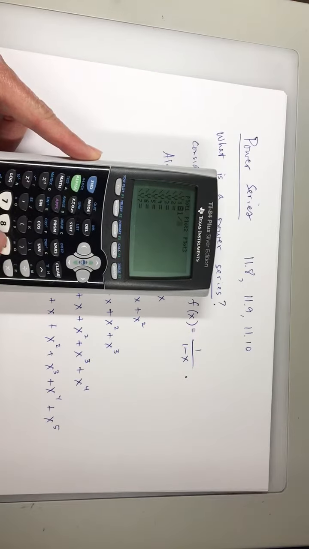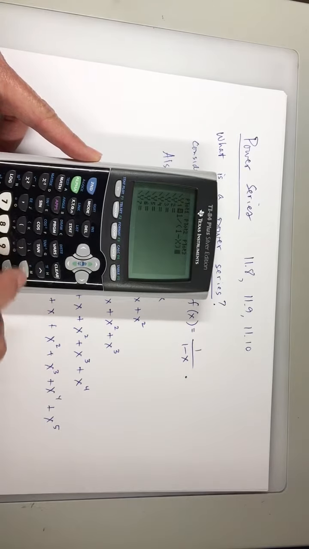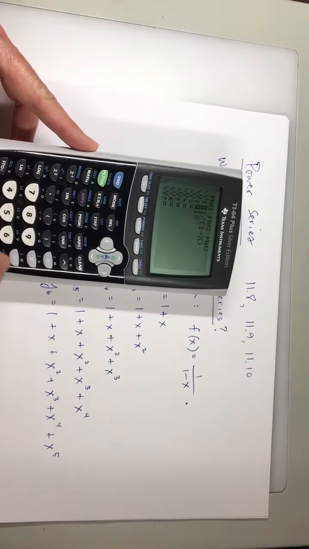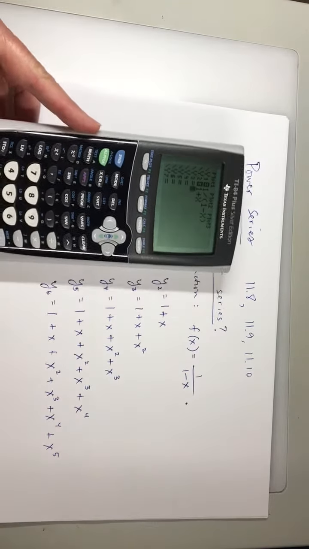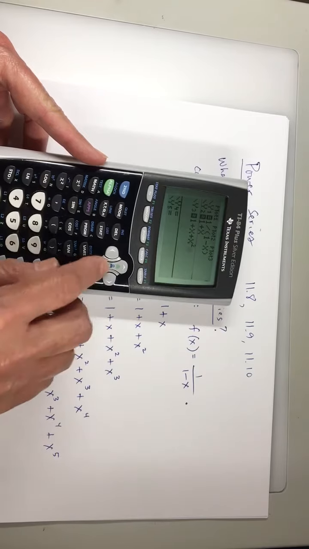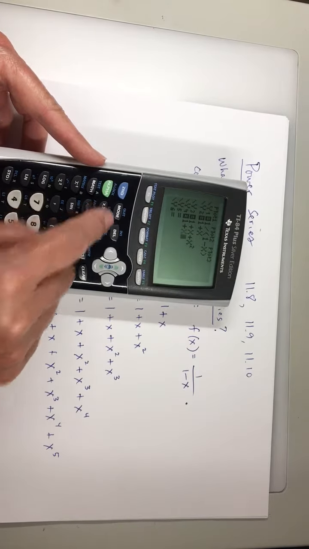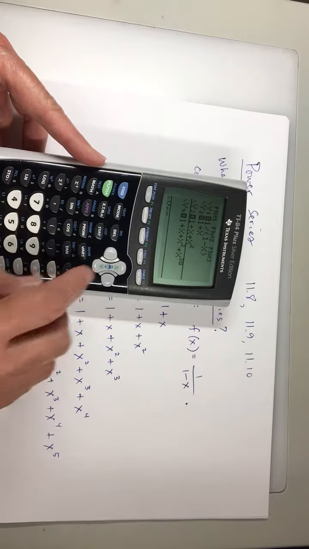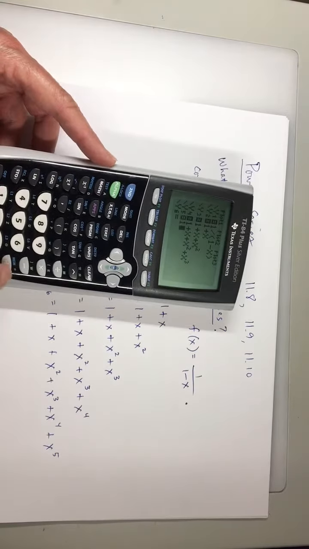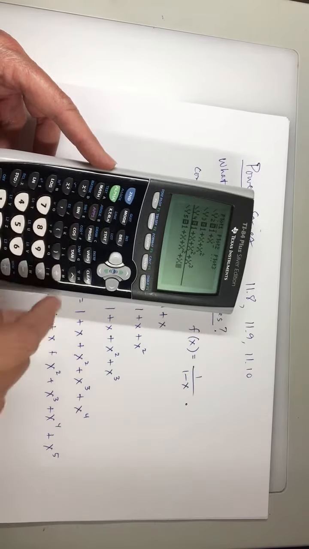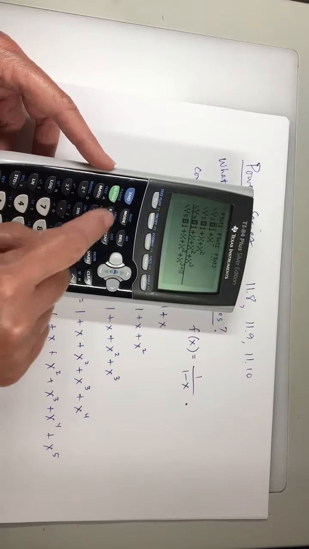So that's 1 divided by, I'll open parentheses, 1 minus x, close parentheses. y sub 2 is going to be 1 plus x. y sub 3 is 1 plus x squared. y sub 4 is 1 plus x squared plus x raised to the third. y sub 5 is 1 plus x squared plus x raised to the third plus x raised to the fourth.